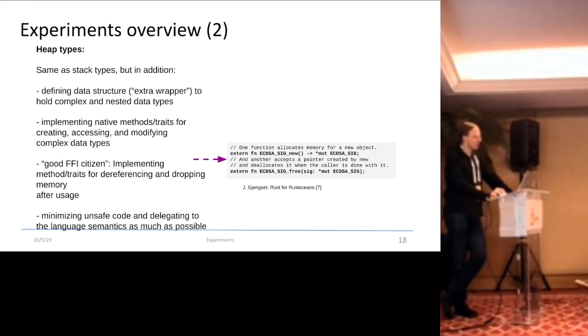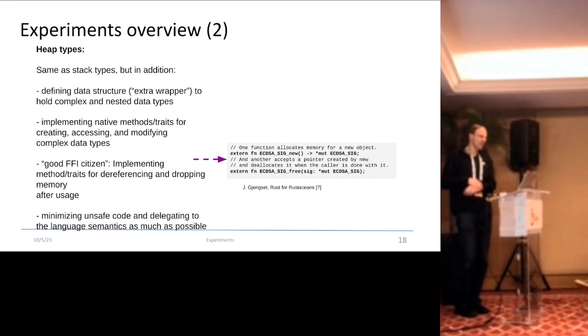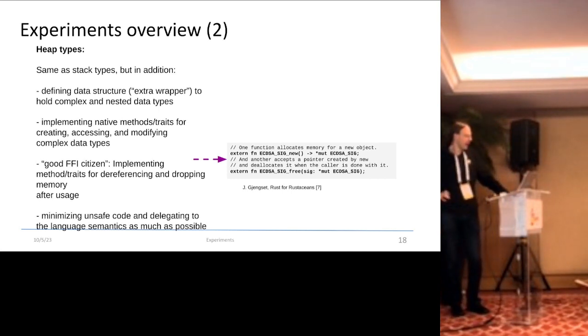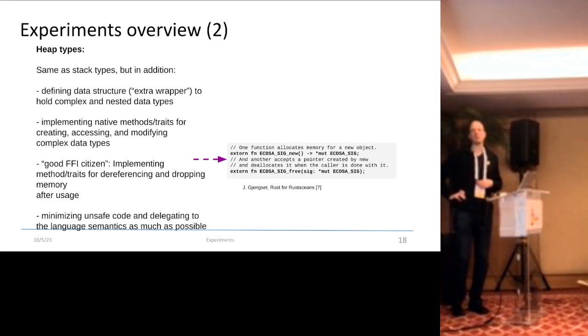So we did this for the different data types, and what's interesting here is that you actually have to give up some of the safety. You cannot use some of the safety features that you normally have in Rust, like ownership.